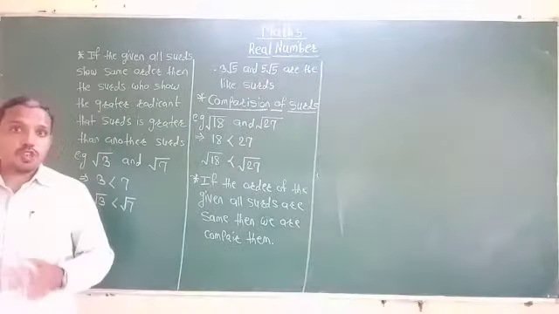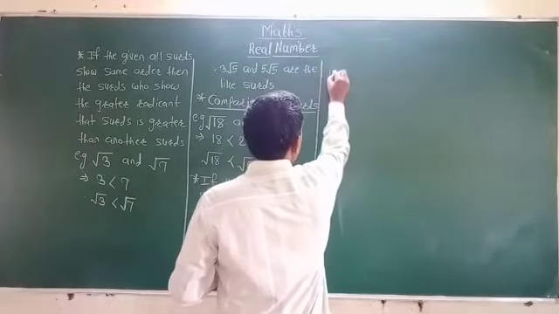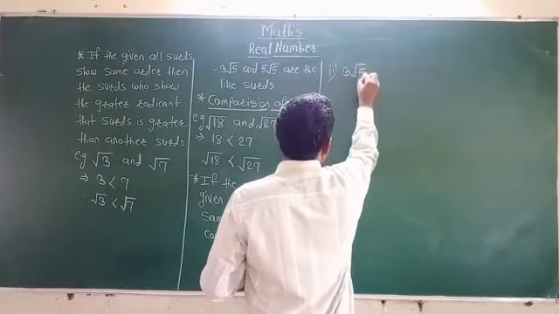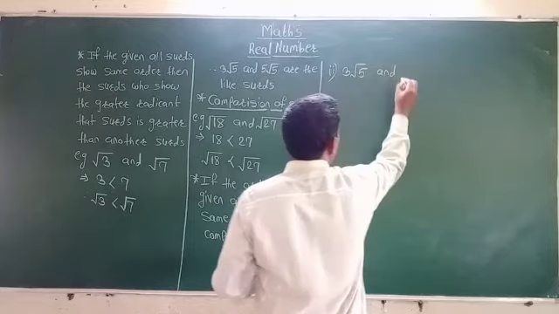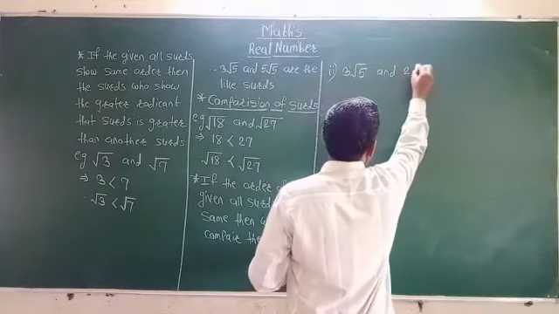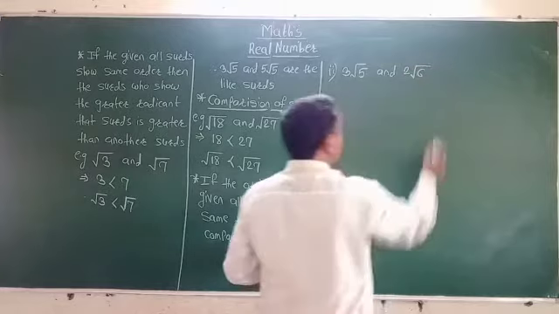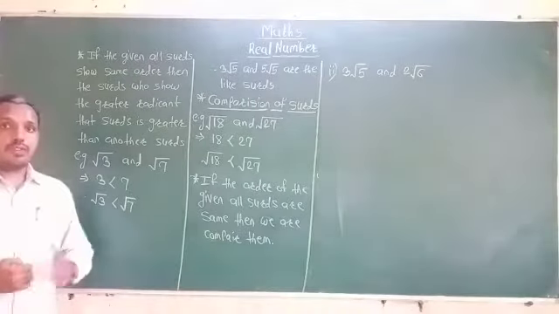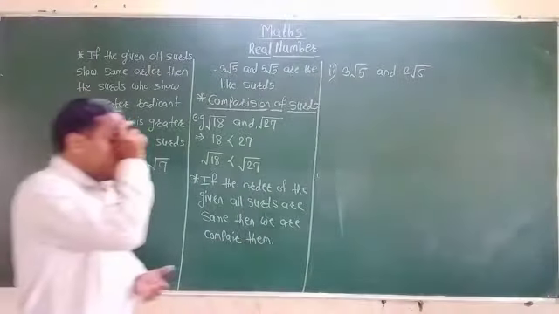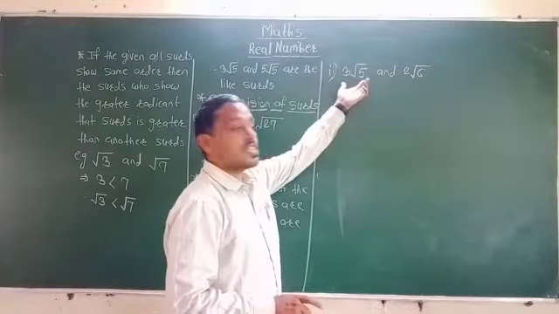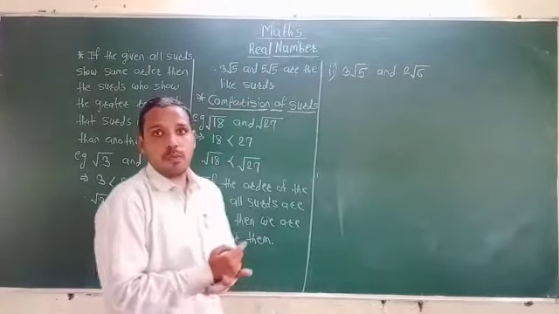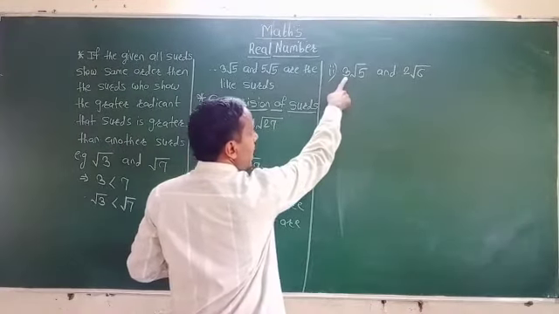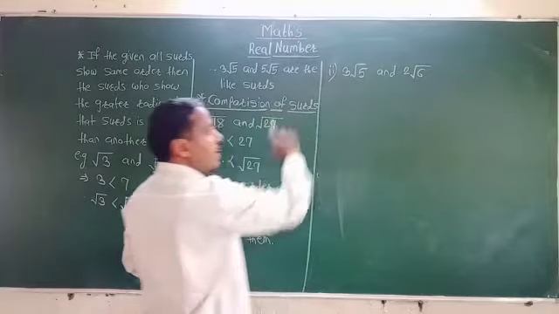Okay, but if the surds show a coefficient, how can we compare them? In the second example, we have 3 root 5 and 2 root 6. To compare which surd is greater and which is smaller, we convert them from simplest form into mixed form. That 3, this coefficient, we split up into the surd.